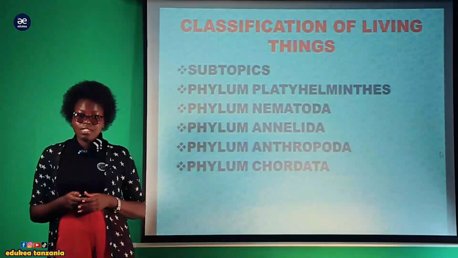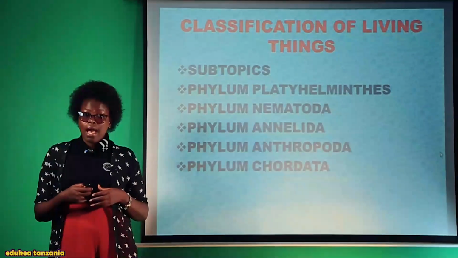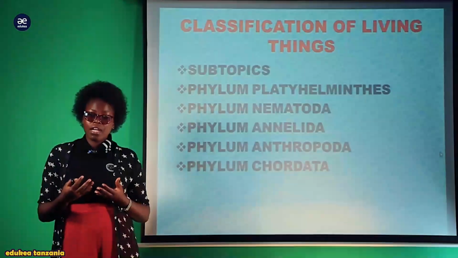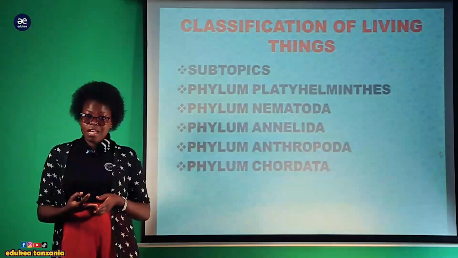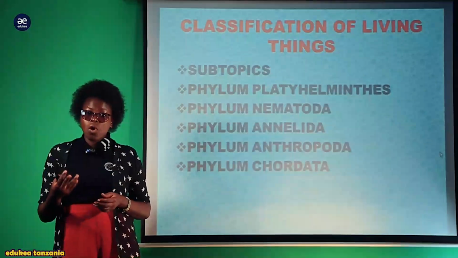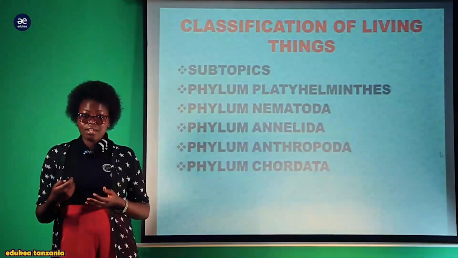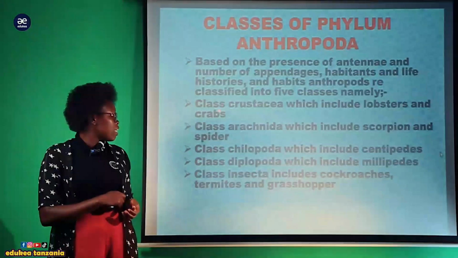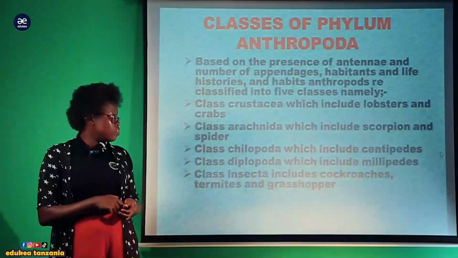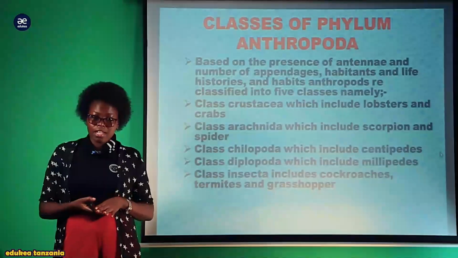So, in today's session, we are going to start on the classes of the phylum Arthropoda, where we have five main classes. Today we are going to discuss the first class, the class Crustacea, which includes lobsters and crabs.